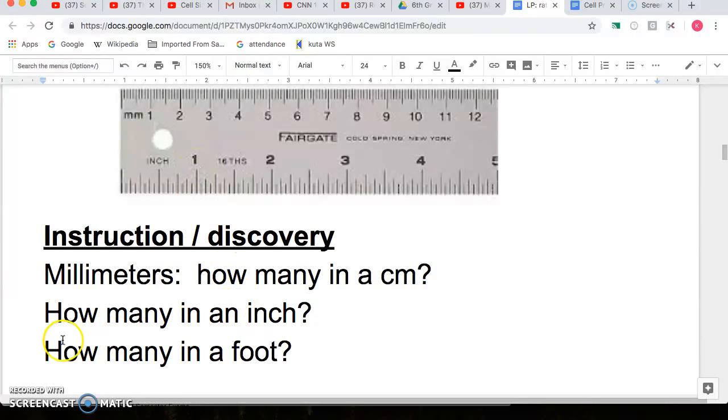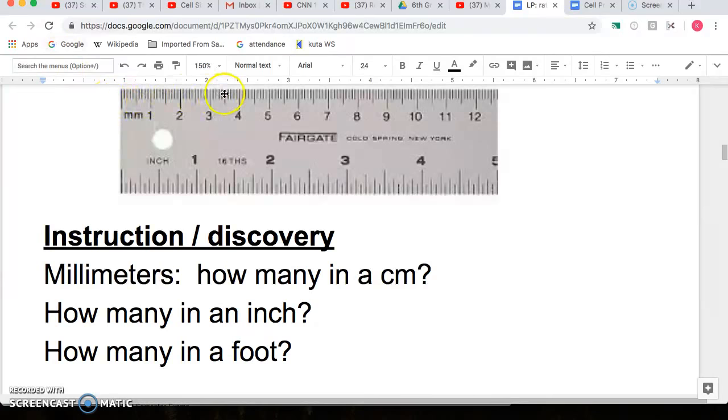Then if you look at your whole foot-long ruler, it's a little over 30 centimeters. And since there's 10 millimeters in each centimeter, and then there's a few extra, a foot is 305 millimeters.